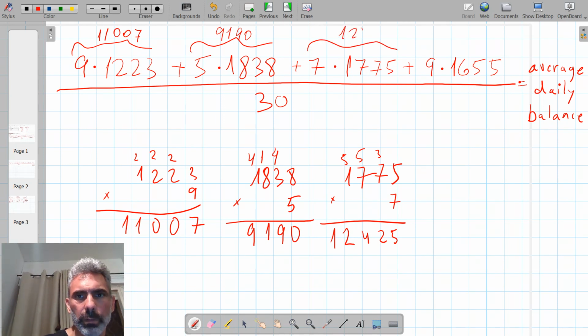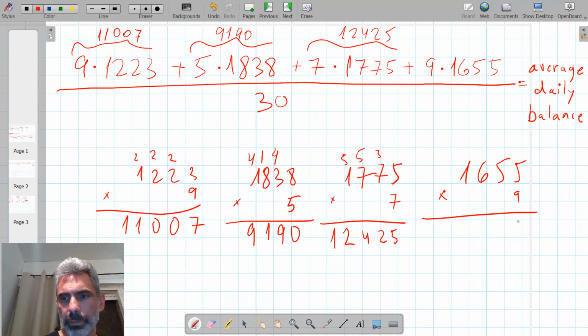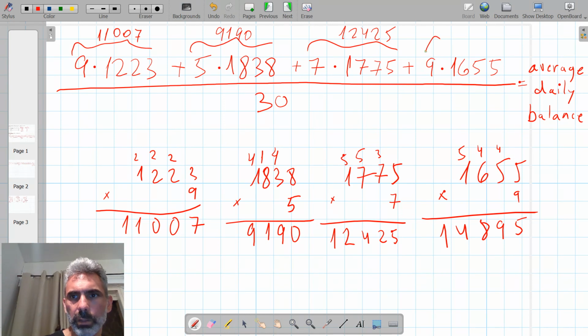So 12,425. Now 1655 times 9. 9 times 5 is 45. 9 times 5 is 45, plus 4 is 49. 9 times 6 is 54, plus 4 is 58. 9 times 1 is 9, plus 5 is 14. So this here is 14,895.